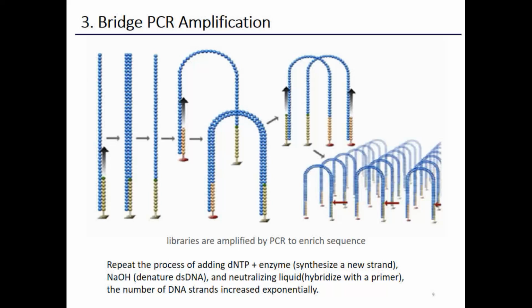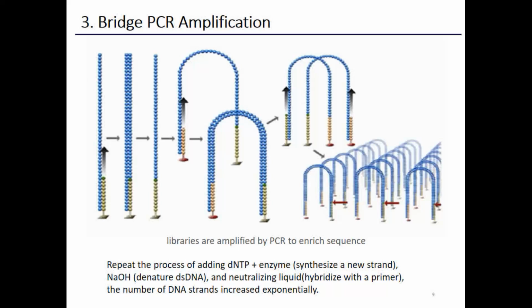In this process, the library is first added to the flow cell, and here the green chain is the primer and the black stuff is the substrate, the flow cell surface. This blue chain is the DNA fragment with adapter, and because the sequence of the adapter is complementary to the primer on the chip, complementary hybridization occurs.